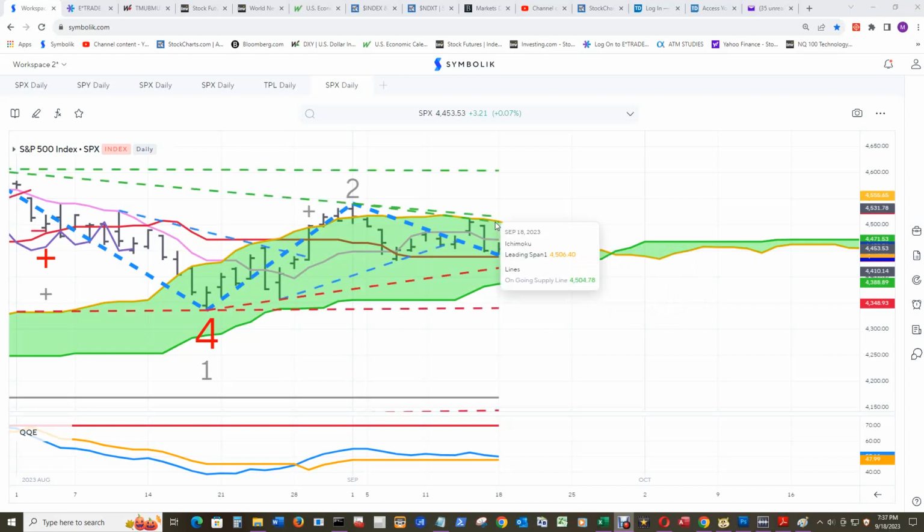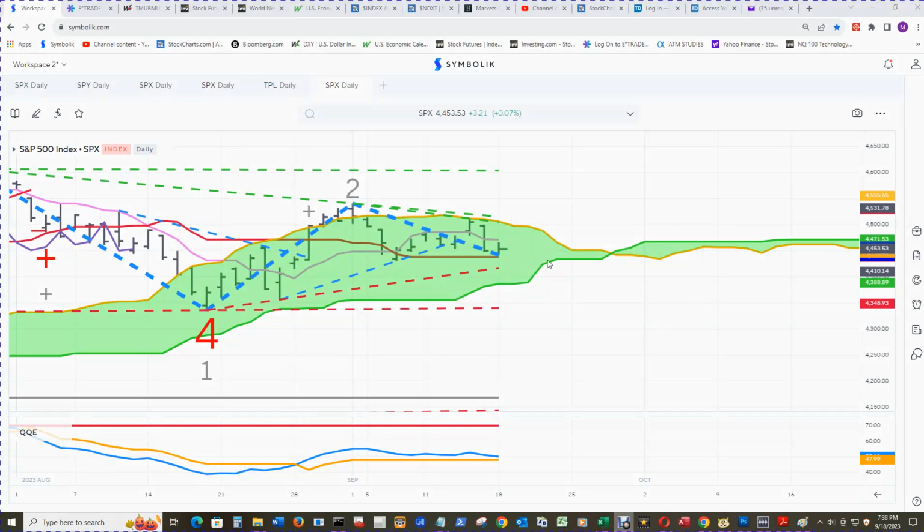I mean, if it just stays in between this supply line and ongoing demand line and just goes sideways, well, there's going to be an apex there, like a triangle almost. So it's going to have to go one way or the other, fall out of the cloud or blast out of the cloud to the upside.